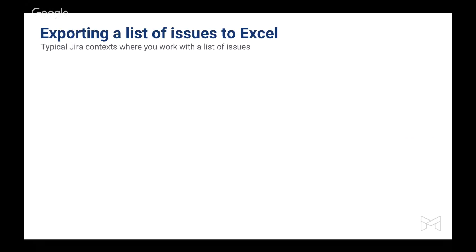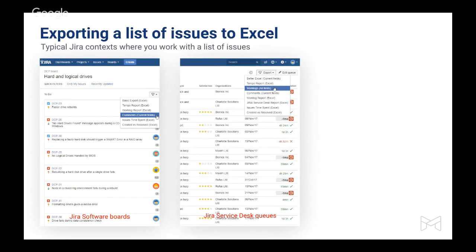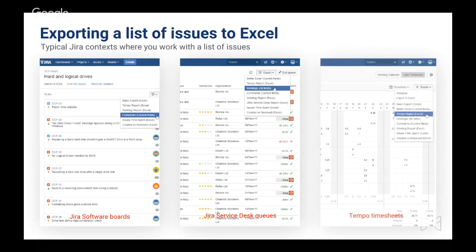And sometimes a list of issues is not just a simple list of issues. There are also a few typical contexts where you want to work with a list of issues, like agile boards, or service desk queues, or Tempo timesheets, or other contexts. The good thing is that Better Excel plugin appears in these scenarios as well, adding the appropriate export menu option according to the context.